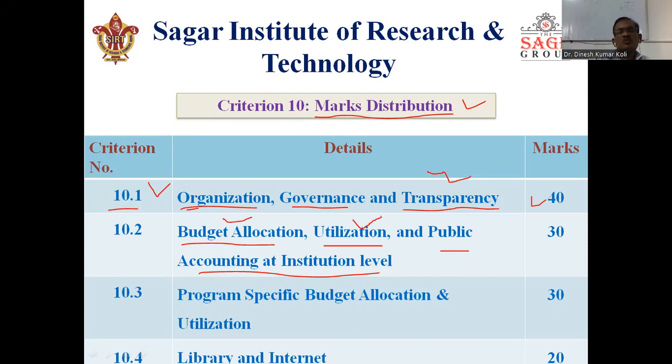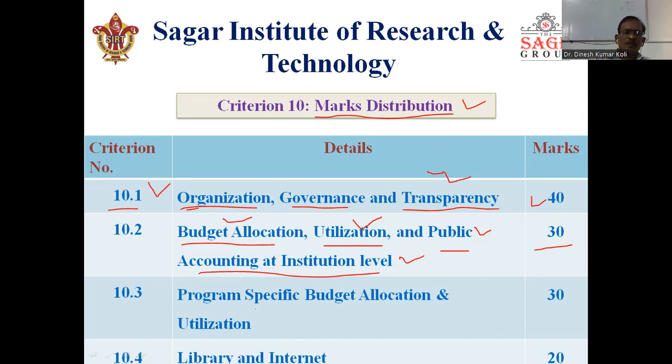This is to be shown for the program as well as the institute, and public accounting. It means there is a balance sheet which shows the different details, utilization, etc. in the different activities, tasks, and other programs conducted in the institute. So it covers 30 marks.